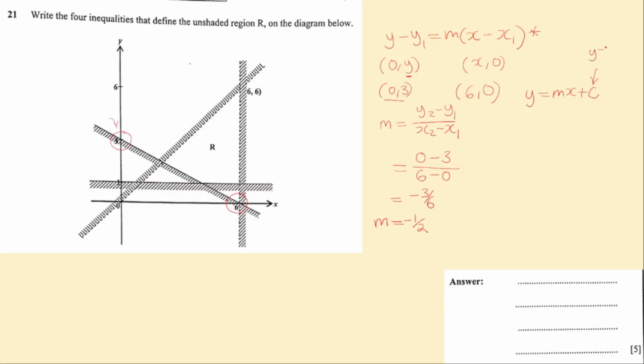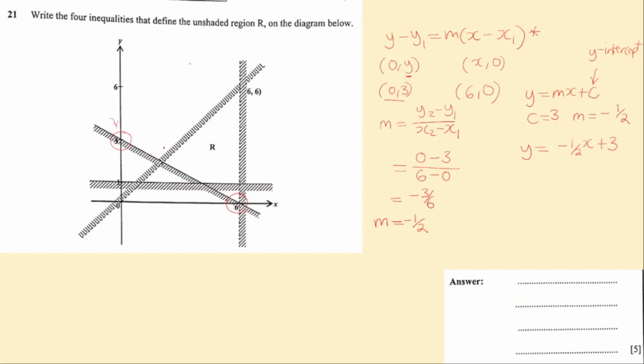That c represents the y-intercept. What is the y-intercept? The y-coordinate at that point. So c is 3, and I know my gradient for that line is negative half. So I'll simply substitute these values in that standard form, and that is the equation of my boundary line.